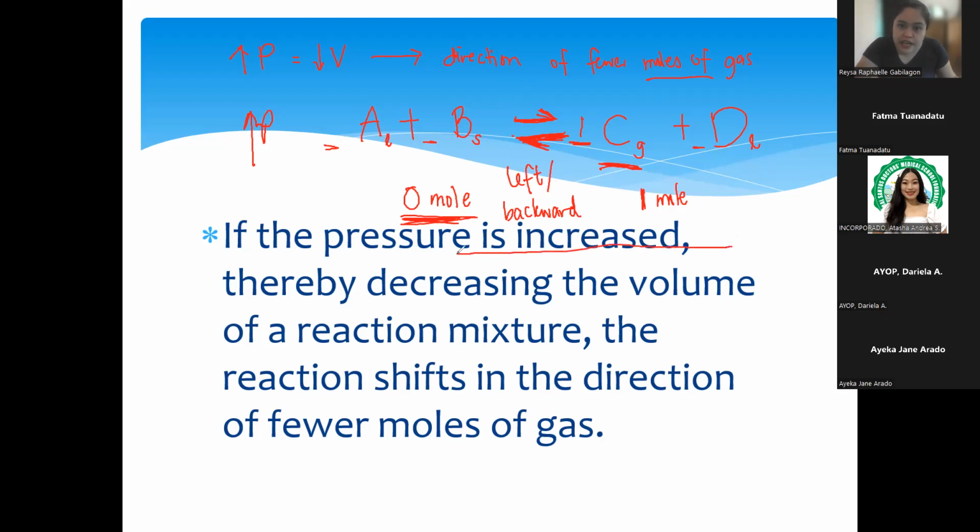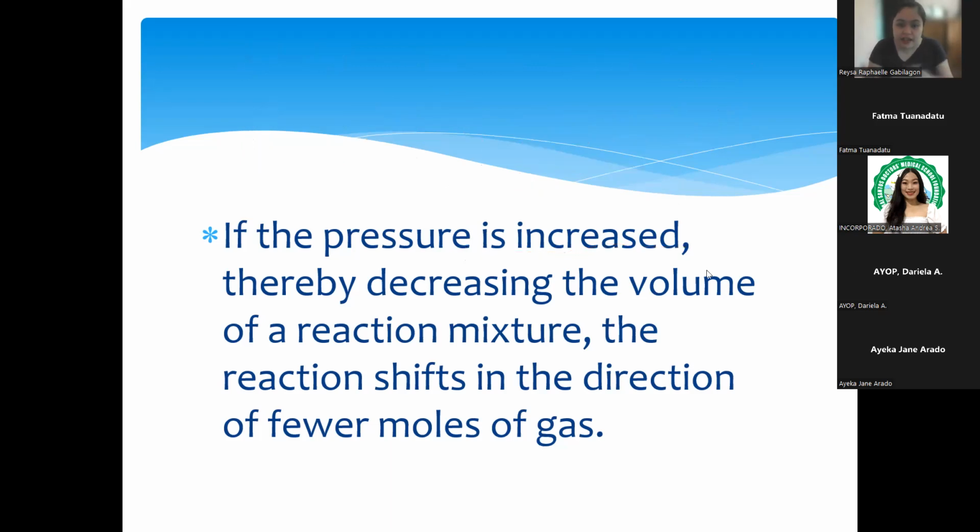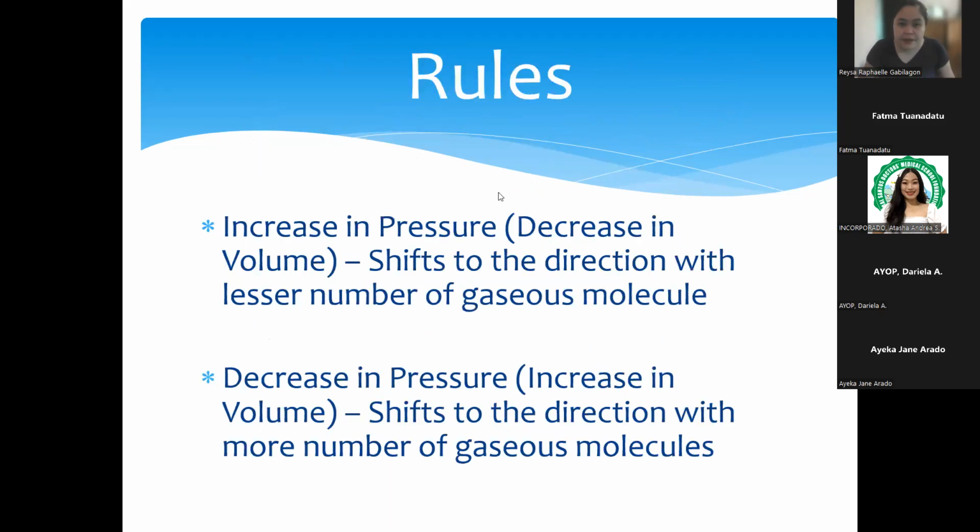Most likely ang magiging direction ng reaction is going backwards, which means more of the products will react with each other to form the original reactants. Okay? So yan yung gagawin ng system kapag magkakaroon ng change ng pressure.